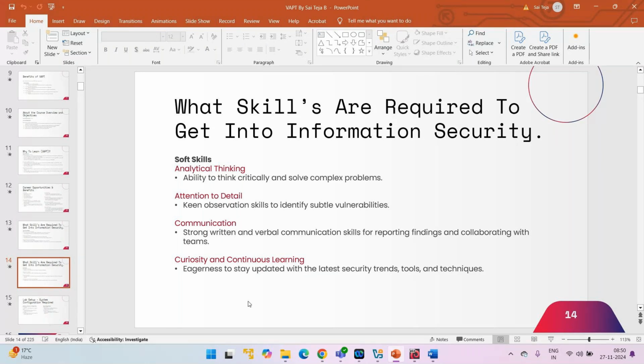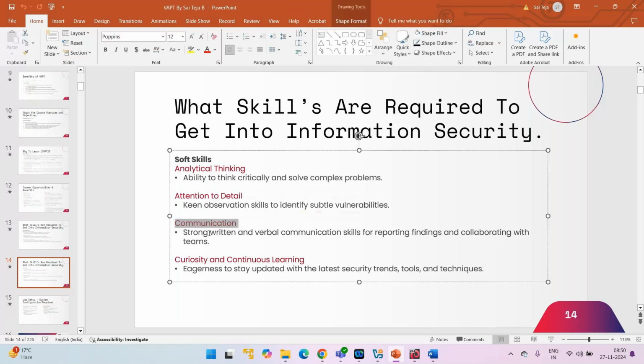So you should have all the soft skills also: understand them, give attention to those issues and communicate all of them to your management, written or verbal. So you should have some basic communication skills also.